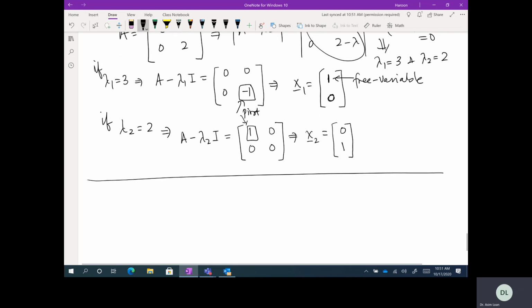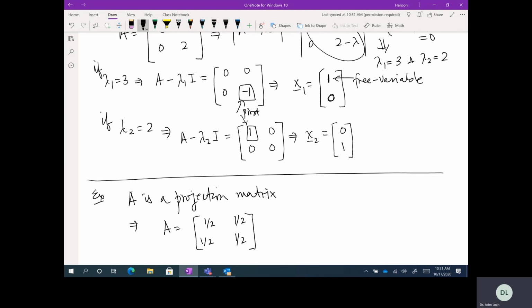One more example for today's lecture. If A is a projection matrix, this implies A is equal to half, half, half, half.